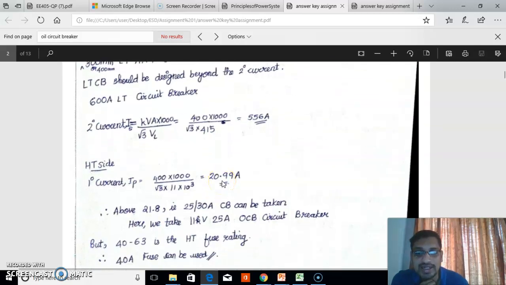From the data book we can choose the cable size required on the primary side, and you can write that value. Also the HT fuse rating should be 40 to 63 ampere. So that's all for the HT connection.